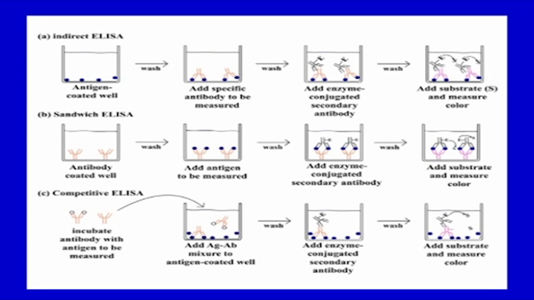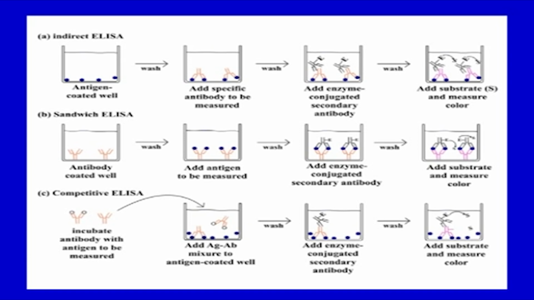In indirect ELISA, what we have discussed, the steps are here: the antigen is coated on the surface of the well, and the first antibody is added, which will bind to the coated antigen. This is the specific antibody that needs to be measured.